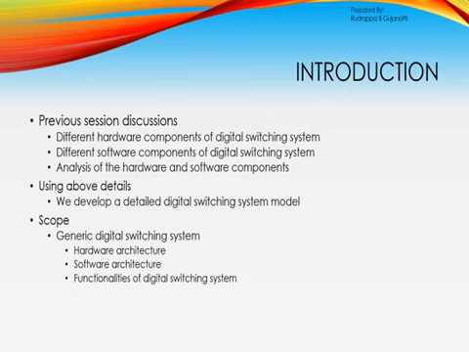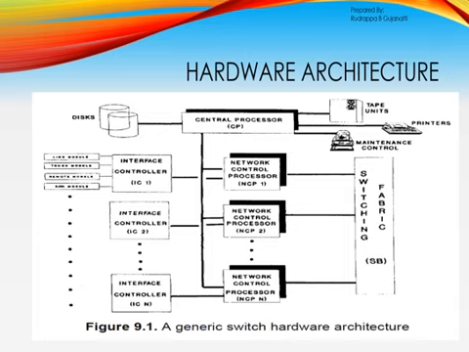Already we had discussed the functionalities of a general digital switching system, so it is a kind of refresher we'll be having here. Then what is meant by system recovery, and what are the different ways the recovery will be initiated. And then lastly, what is meant by analysis and for what purpose it has to be used. So these are the things we'll be discussing in this part.